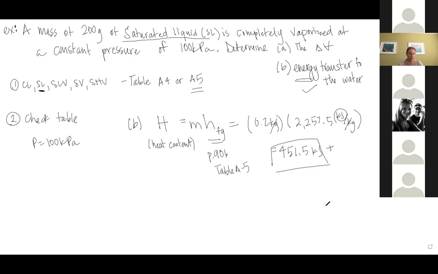All right. As you can tell from these tables, you should probably know how to convert between Pascal, kilopascal and megapascal. Yeah, so the transfer would be going into the system, which is why it's positive. So into the water from the surroundings.